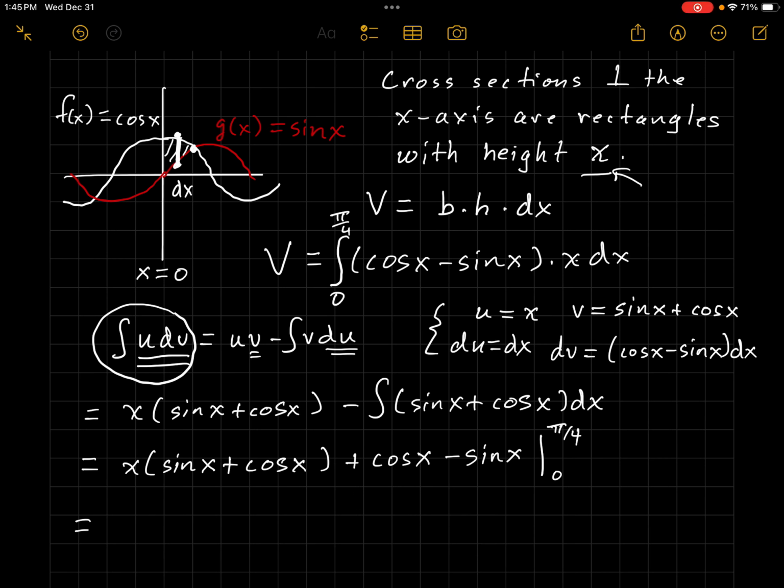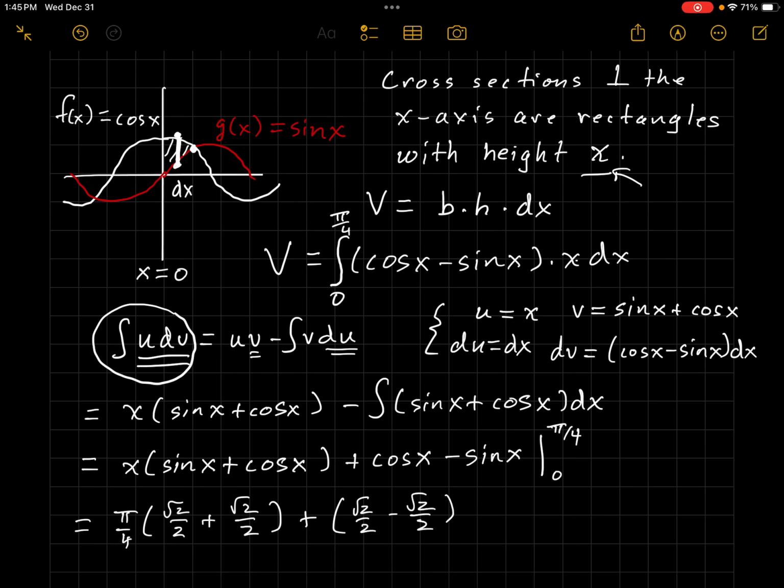Finishing it off, we'll plug in the upper limit, x equals pi over 4. The sine and cosine of pi over 4 are both root 2 over 2, plus the cosine of pi over 4 minus the sine of pi over 4. I guess I'll write it. I already know that they're going to cancel.